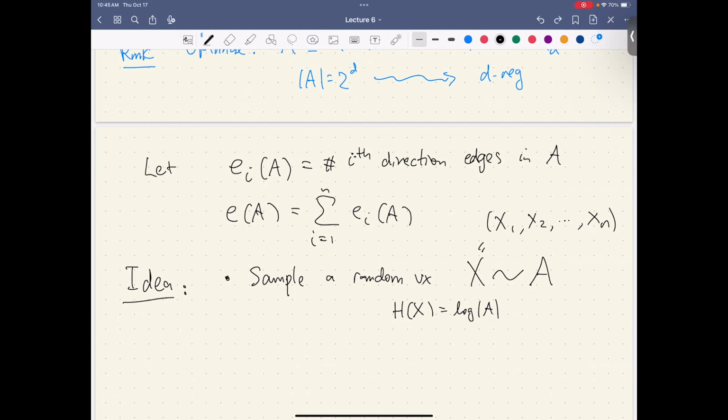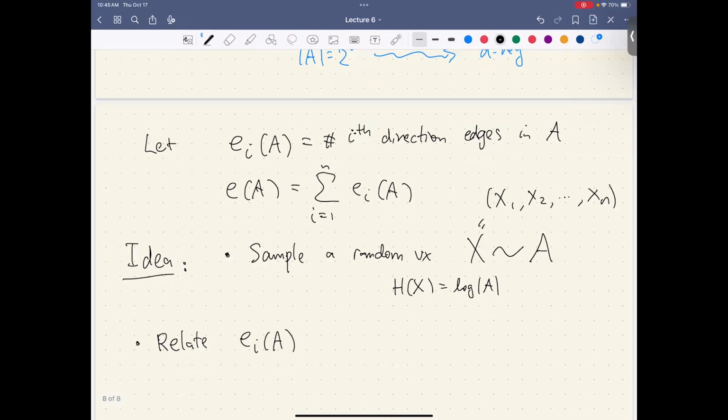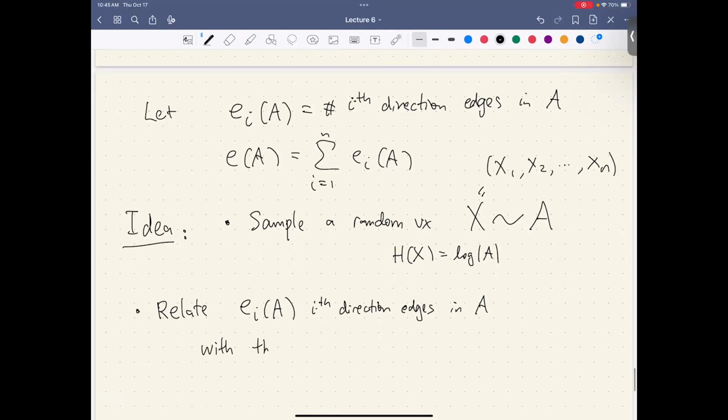The key idea is to relate the ith direction edges in A with the conditional entropy H of xi, the ith coordinate of this random vertex, given the remaining coordinates.